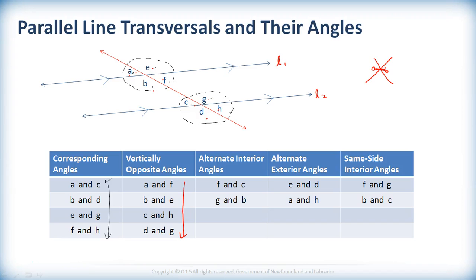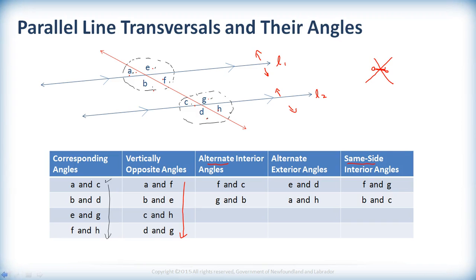Okay. Now we're going to talk about some exterior and some interior angles. Interior angles are angles that are in between the two parallel lines, and exterior angles will be angles that are outside the two parallel lines. Sometimes we call pairs of them alternate or same side. So let's look at the interior ones first.